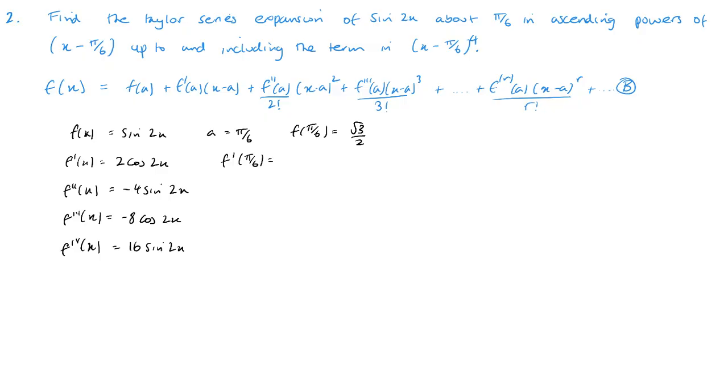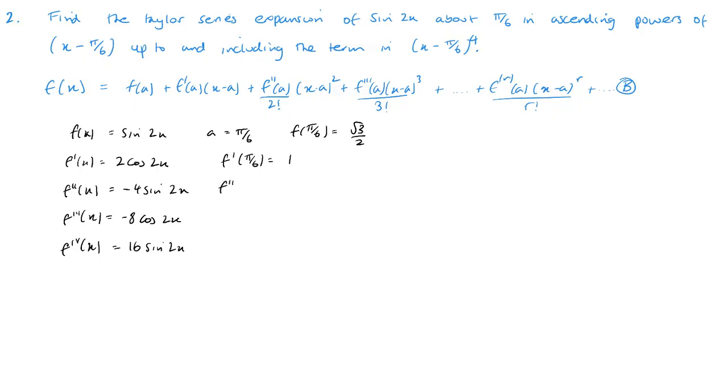So substitute in pi by, well, it's really pi by 3, that is 2 pi by 6. So cos of that times by 2 is going to be 1. Okay, now sine of pi by 3 is going to be root 3 over 2 times by minus 4.